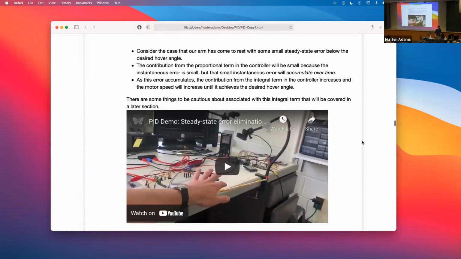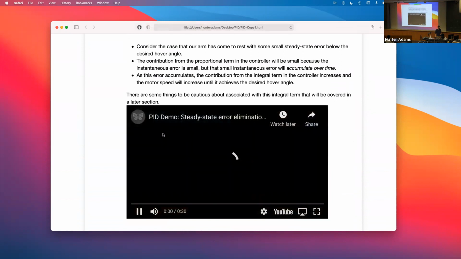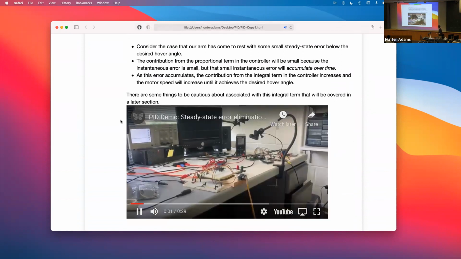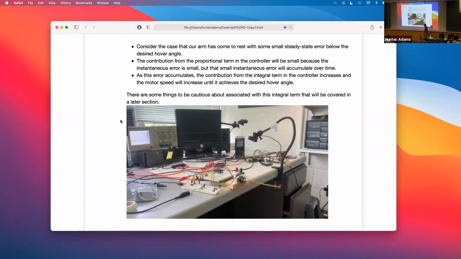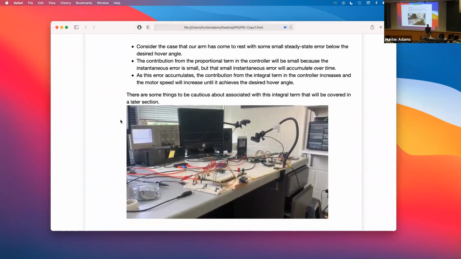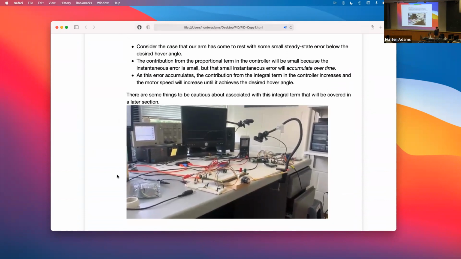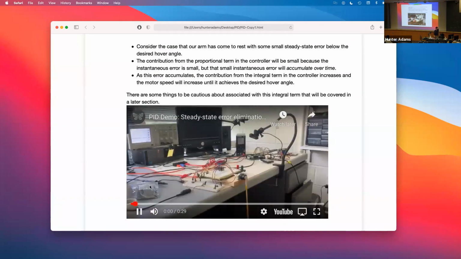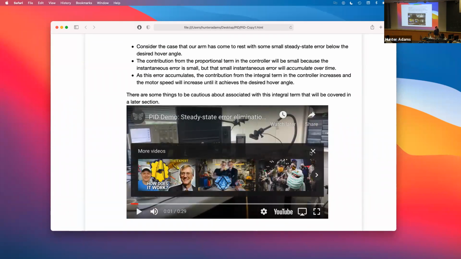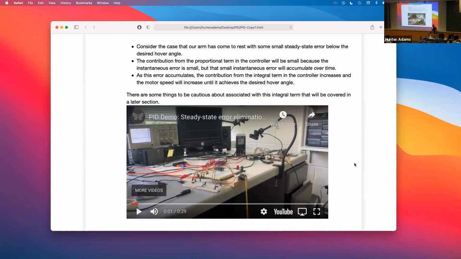So if we add this integral term, here's a very small KP value. You'll see that the proportional part very quickly brings the arm up a little bit, and then it has steady state error.